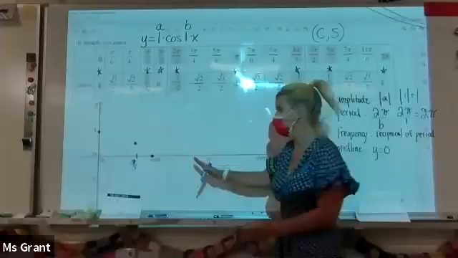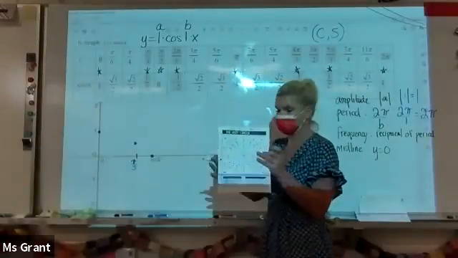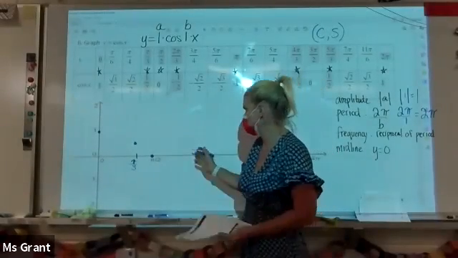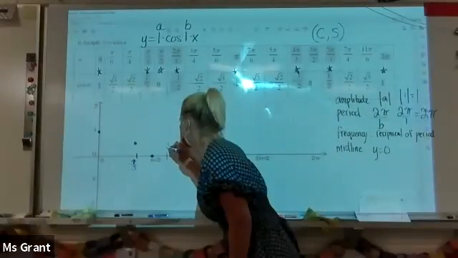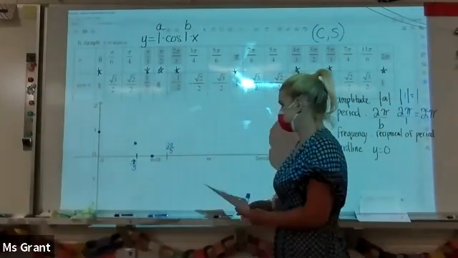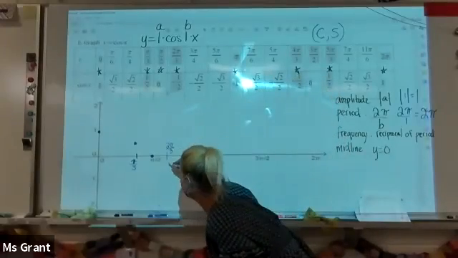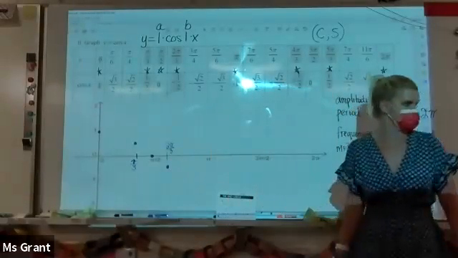It's in quadrant 2. 2 pi over 3 is going to be my 120 degrees. So I could just, I don't know, 2 pi over 3 comma negative 1/2. So go down approximately there.